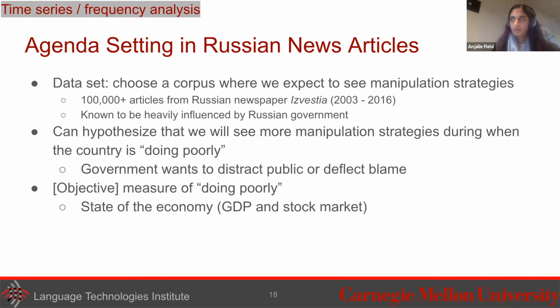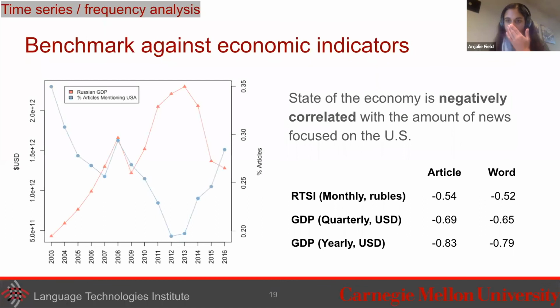The pattern we were looking at is what happens during economic downturns in the country, when the state of the economy, like the GDP or the stock market, is doing poorly. What strategies do these newspapers use to distract public opinion from the state of the economy? The main pattern we focused on is that when the economy is doing poorly in Russia, the news focuses a lot more on the US.